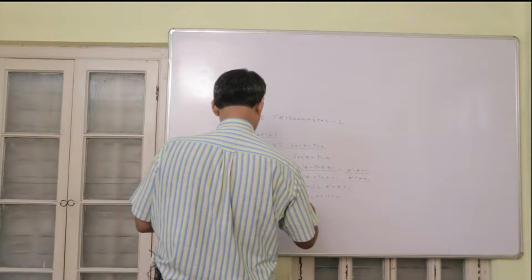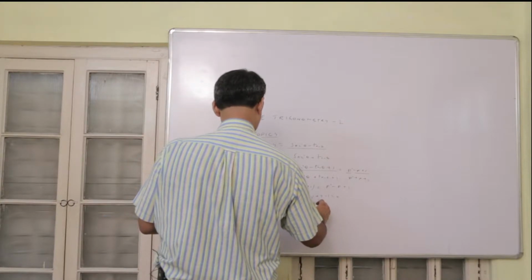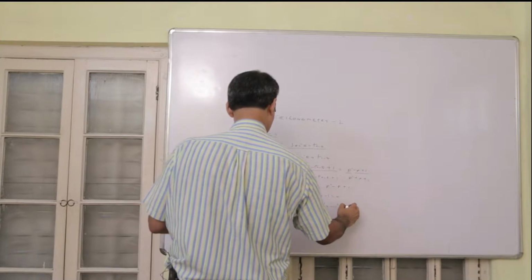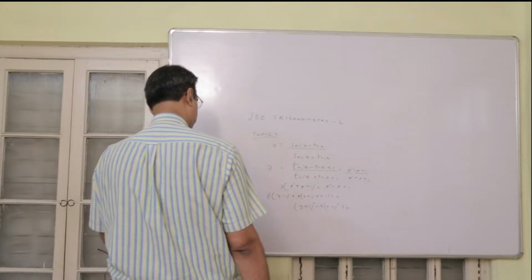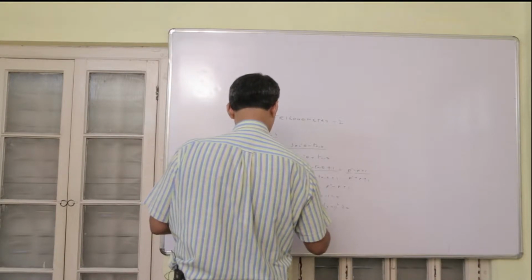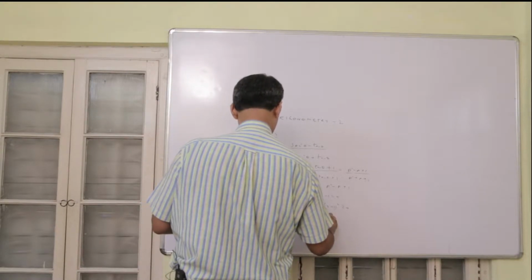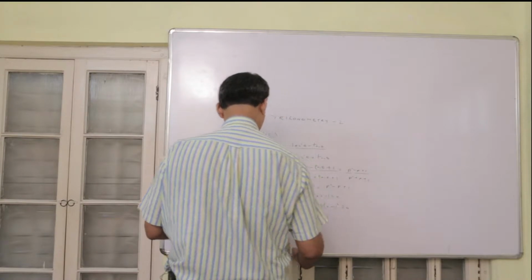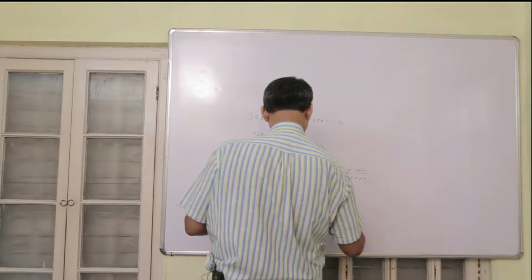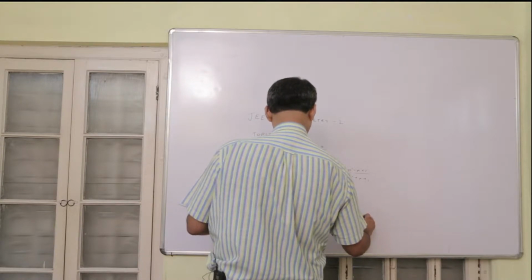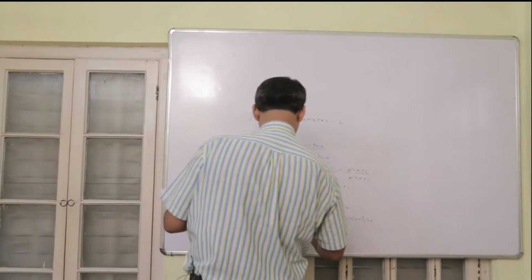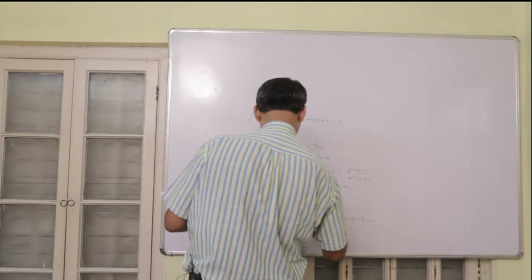So since p is real, the discriminant of the quadratic will be positive. So this will be the relation.